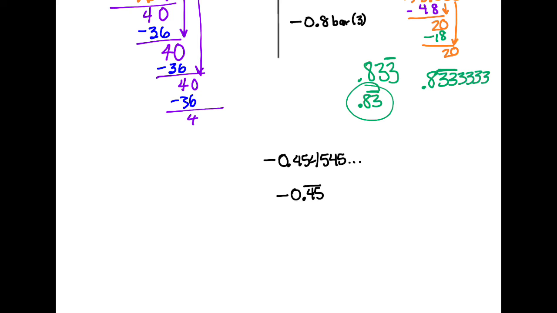When you type that one into Lumens, you're going to type negative 0, bar 45, because the 4 and the 5 repeat. That's kind of using some coding to help it, because you're typing the code that the Lumens program uses. That's kind of interesting, huh?